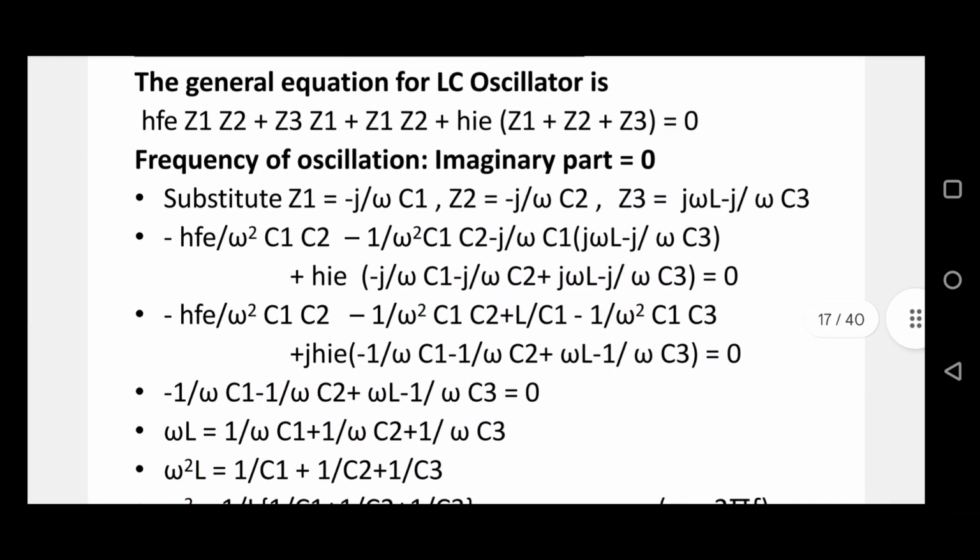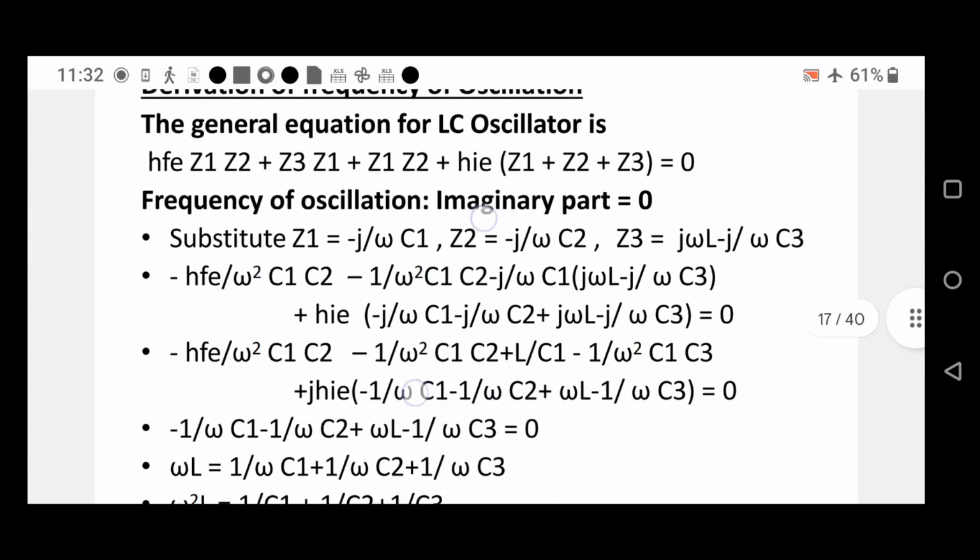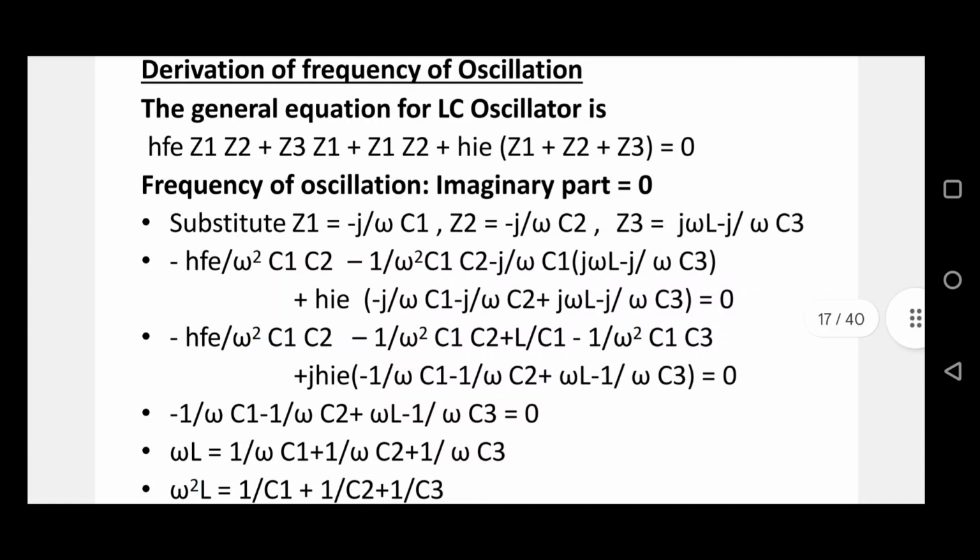Before that we should substitute the values of Z1, Z2 and Z3 in the master equation. As I told before, Z1 and Z2 are the capacitors C1 and C2. Z3 is the inductor in series with the capacitor C3, so Z3 equals the inductor plus capacitor C3.